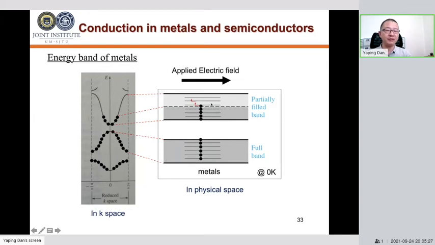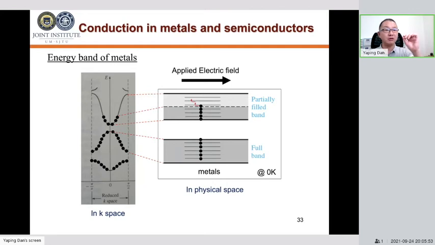Now think about that. If this metal's band is partially filled and we apply an electric field, the electrons inside this band receive energy from the electric field, moving to the next available higher energy level. These energy levels are continuous. They only need a very small amount of energy so that the electrons can move to a higher energy level.